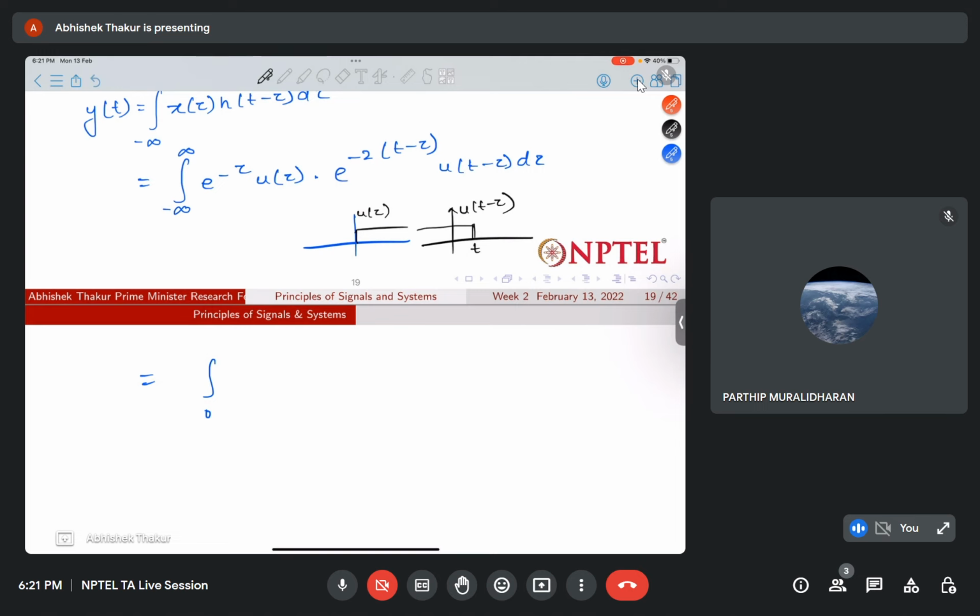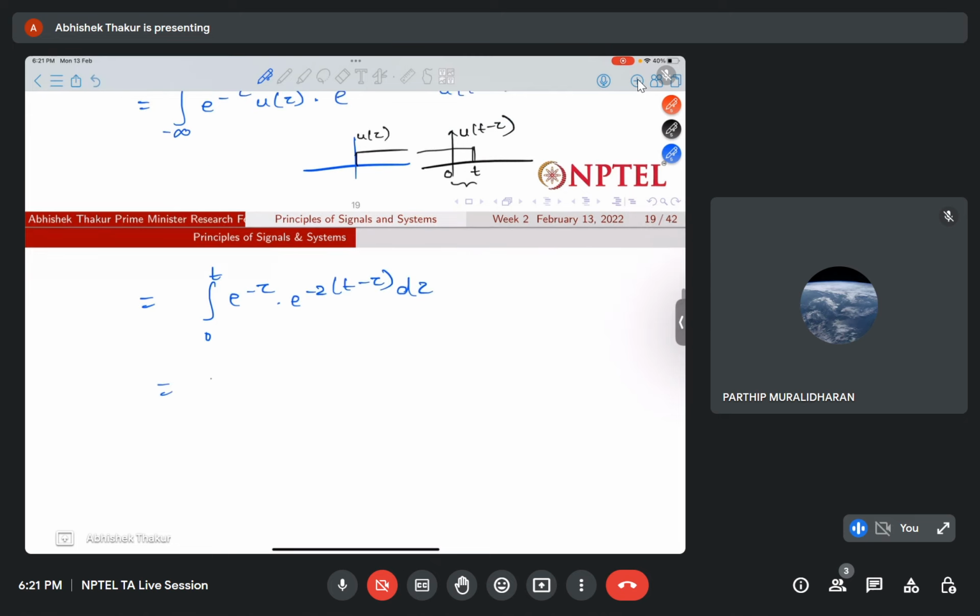When you multiply these two, the overlapping area is between 0 to t only. So integral from 0 to t of e to the power minus tau into e to the power minus 2 (t minus tau) d tau.